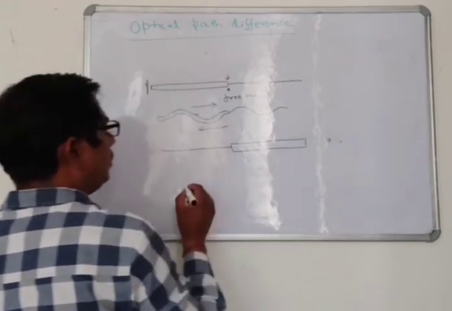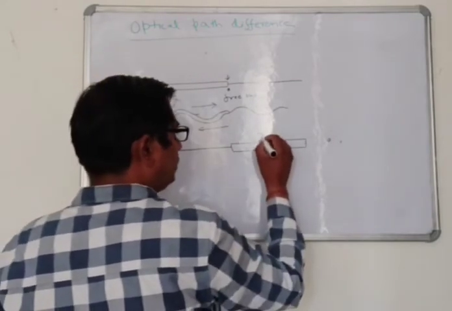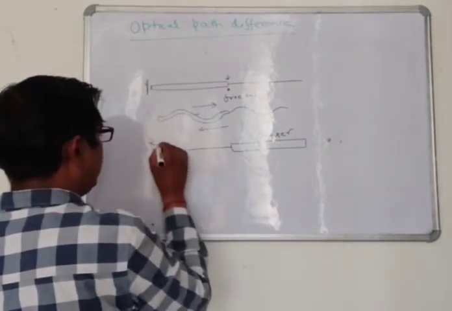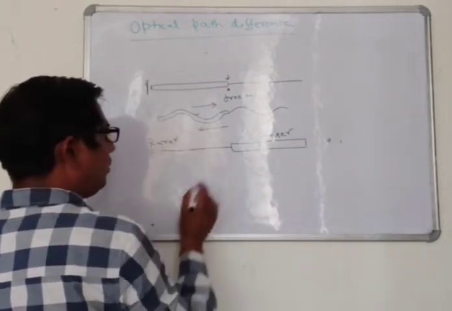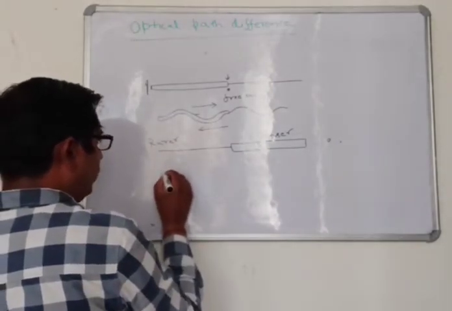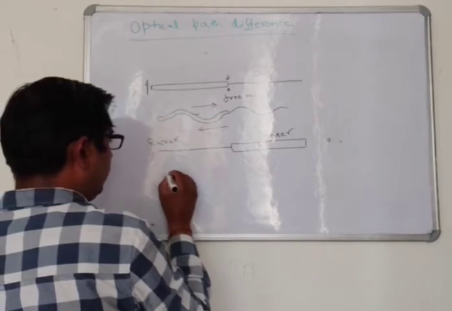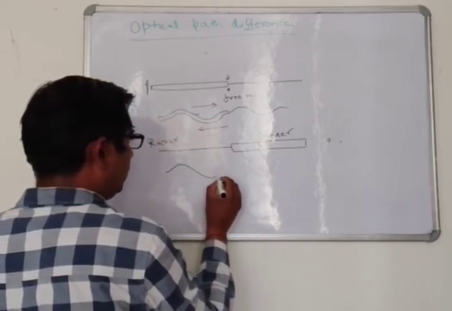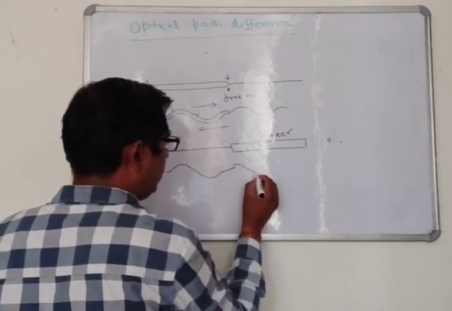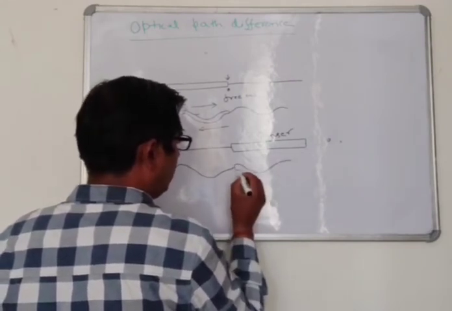The wire is a denser medium and the rope is a rarer medium. When you generate a wave in the rope, what will happen? The rope is moving like that, and the wire is also moving like that.